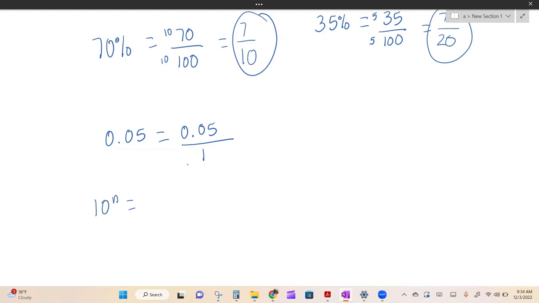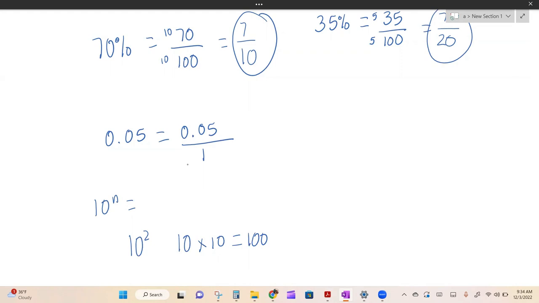And n is equal to the number of decimal places, the number of digits after the decimal point. So here we have 2. So that would be 10 to the 2, which is really 10 times 10, which is 100. So like they said, 100. And you can do it that way.